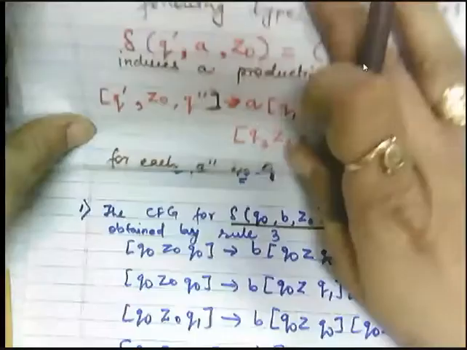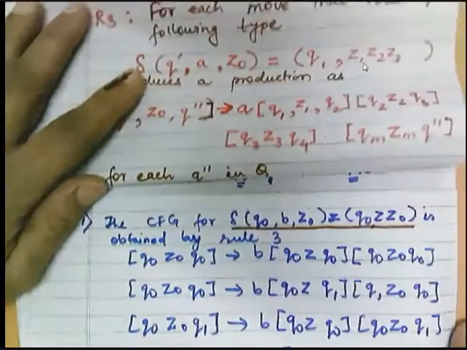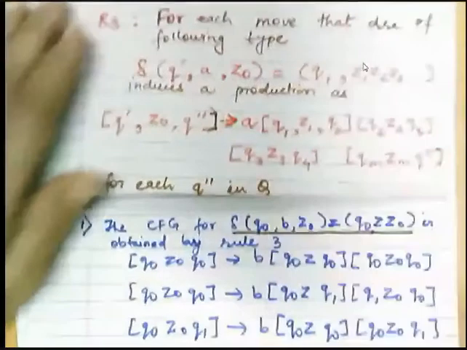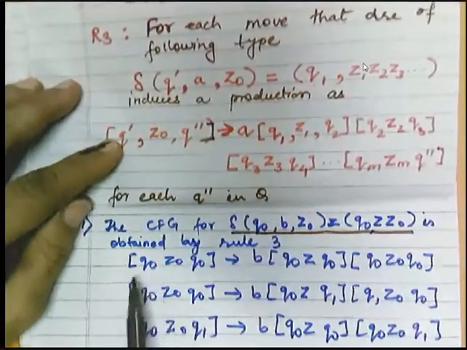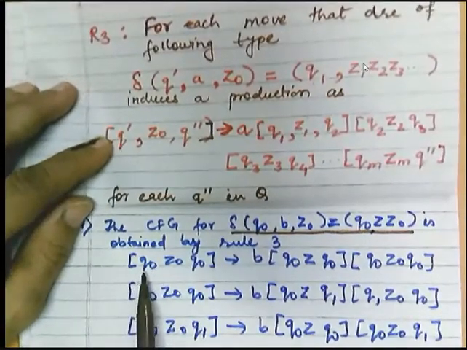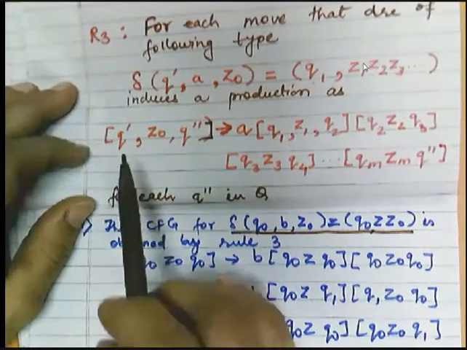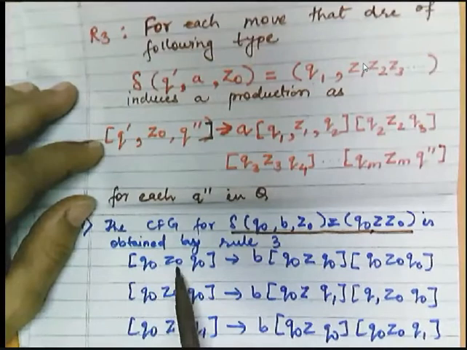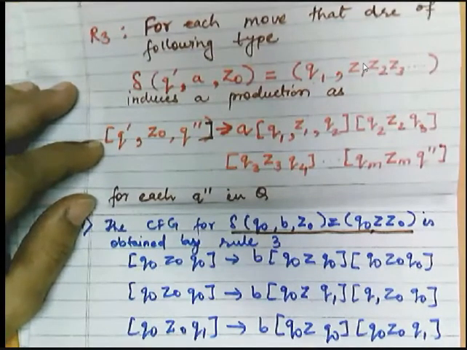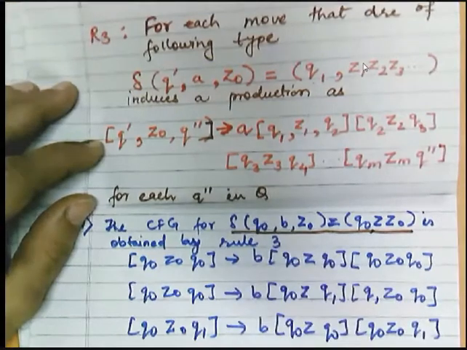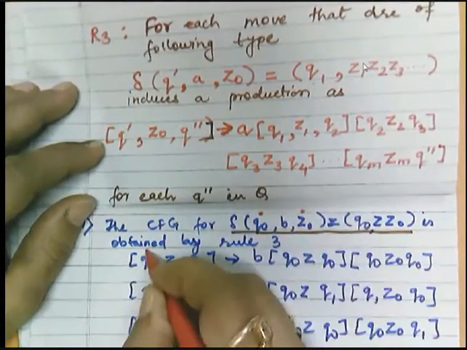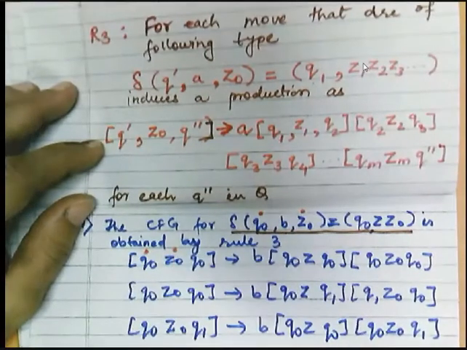Now using this, I hope this is visible now. Very first it is Q0, Z0. From where are we getting Q0? This is Q0 and this is Z0. Let me mark it with another color. This is Q0, this is Z0, this is Q0, this is Z0.